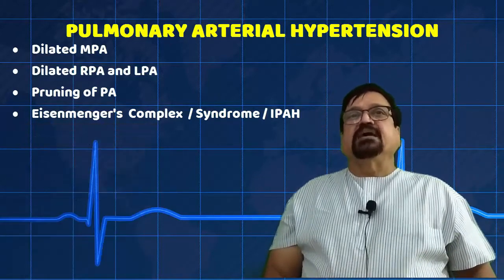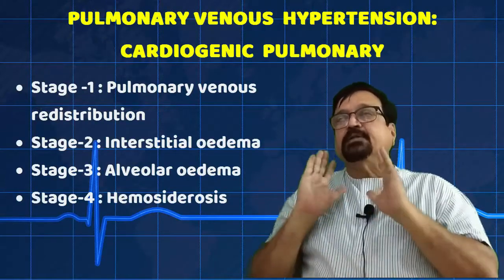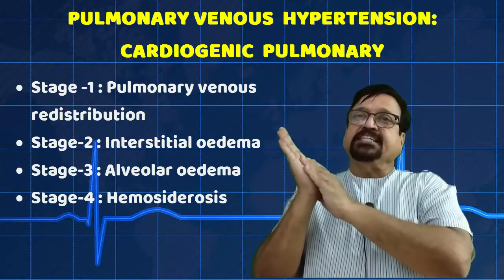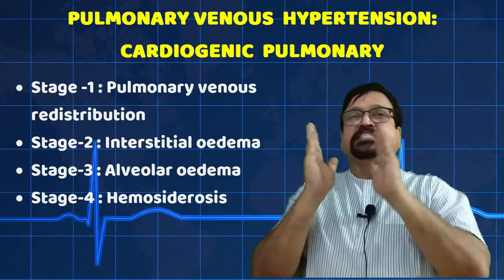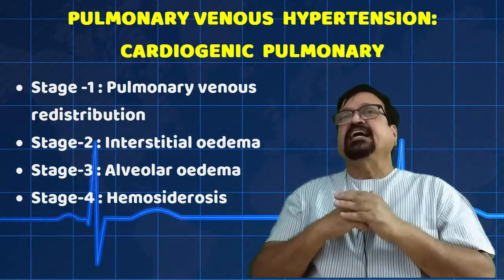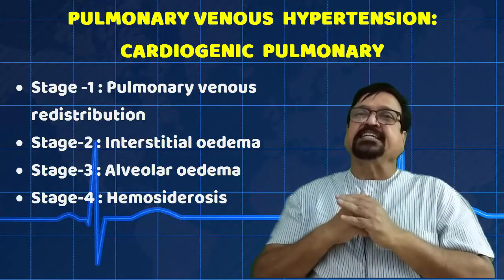What happens in pulmonary venous hypertension? In stage 1 pulmonary hypertension, there is redistribution. Pulmonary veins, when they enter into the lungs, have a lot of interstitial space. There are usually lymphatics and other things, fluids in this compartment, which acts as a reservoir.